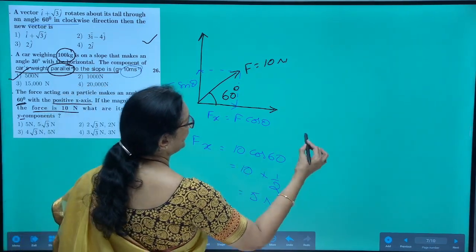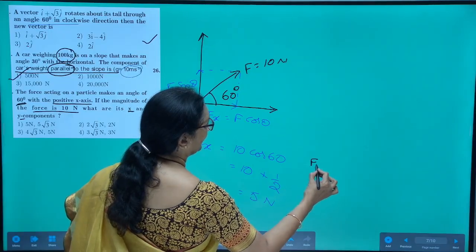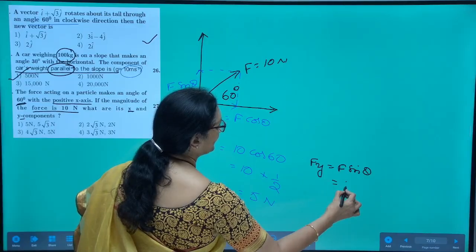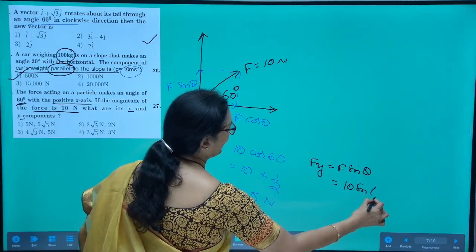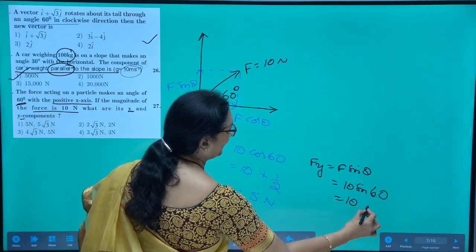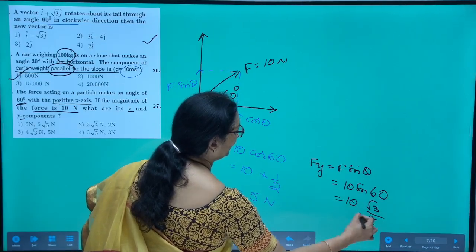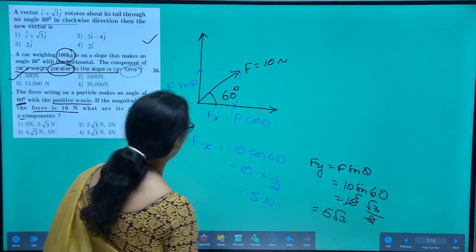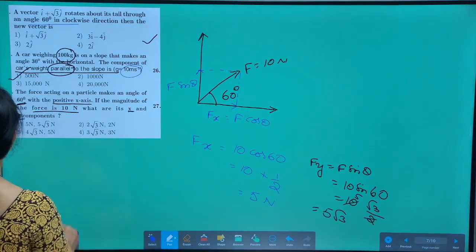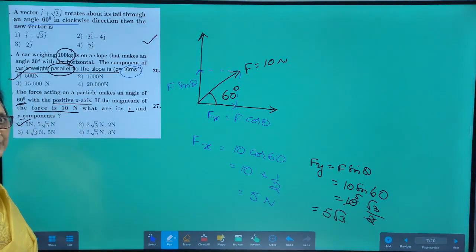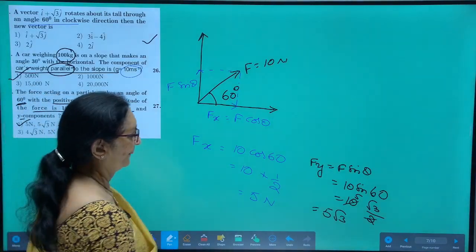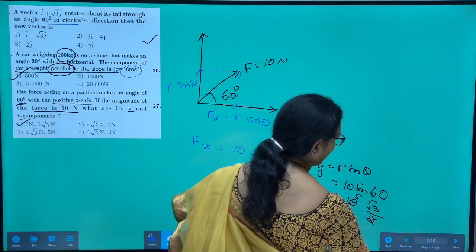And the next one, Fy is F sin theta, that is 10 sin 60. Sin 60 is root 3 by 2, so it is 5 root 3. The x component is 5, the y component is 5 root 3. Option 1 is the correct answer for that problem. Let us go to the next problem.